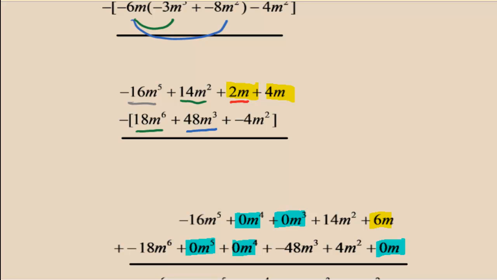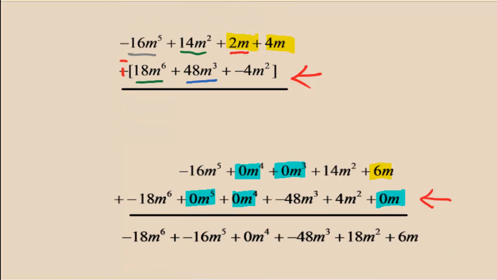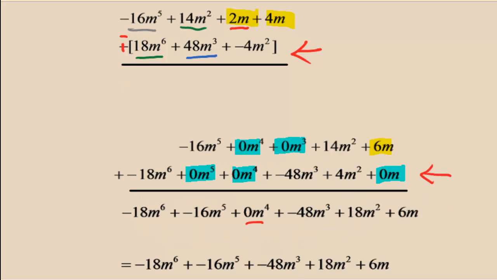I changed my subtraction to addition up here and distributed that negative throughout my parentheses to find the opposite of the second polynomial. And so there's the opposite as my second polynomial. Then I went ahead and added, and here's my solution. Now I did end up with a 0 as one of my coefficients, so I need to simplify that further by dropping it. We don't want to write that in our final answer.